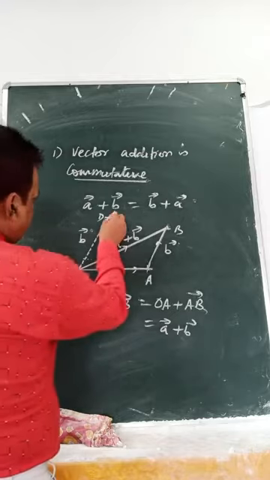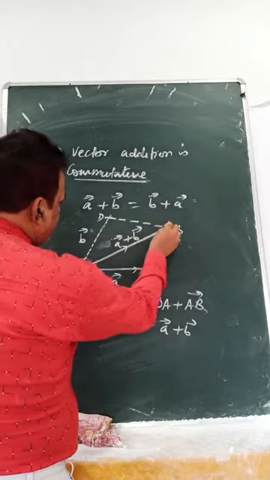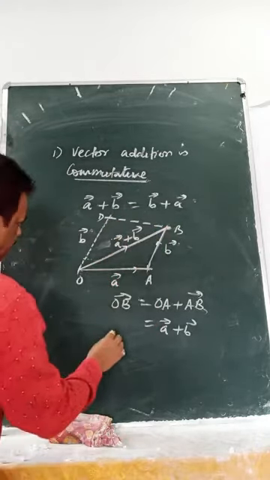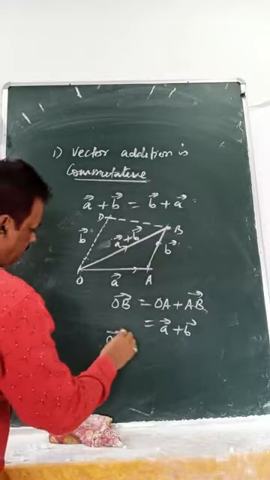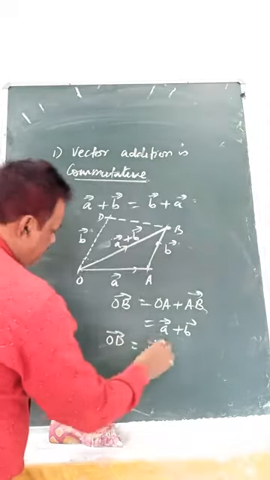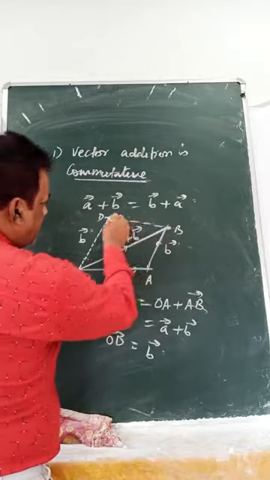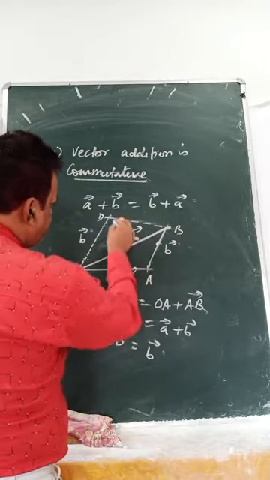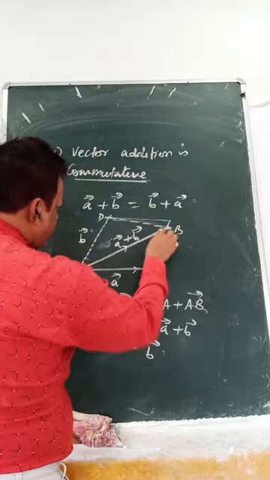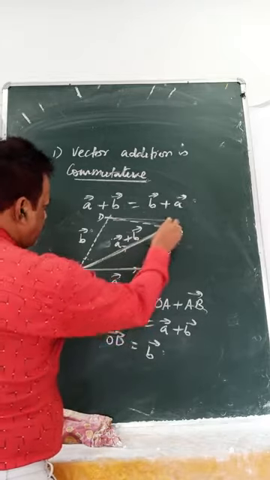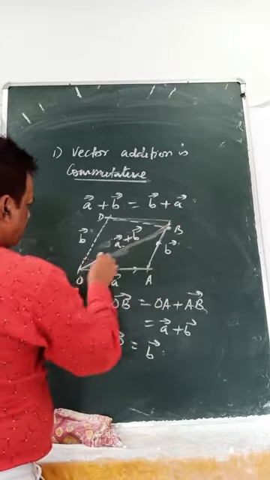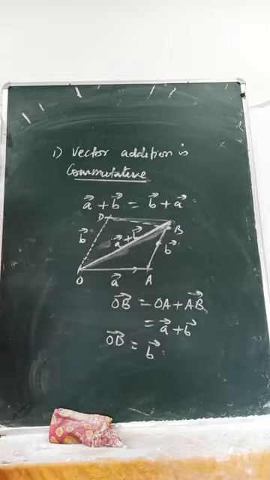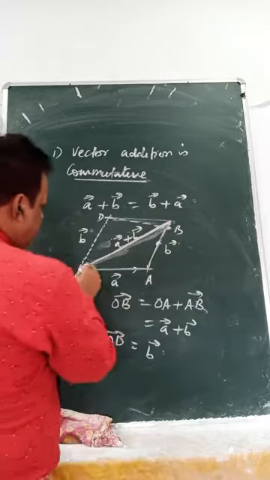Now join DB. Then OD is B vector, and DB, since in a parallelogram opposite sides are equal, is also A vector.